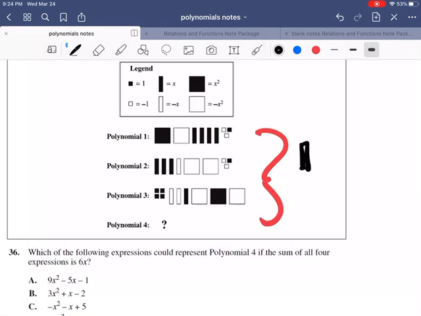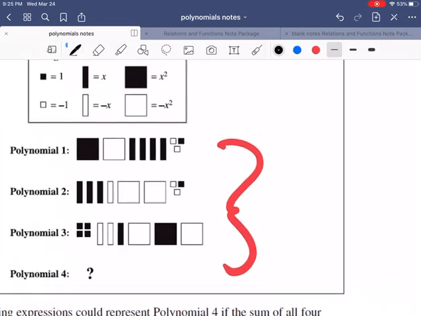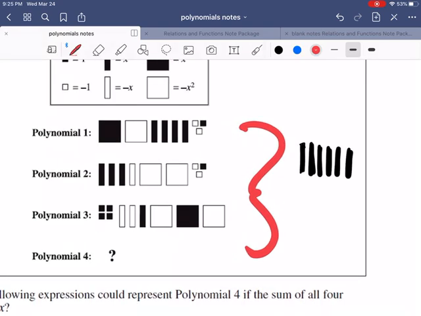So if we draw that out, that's a little too big, let's make it a little bit finer. So if all we have left is 6x, 1, 2, 3, 4, 5, 6. So let's go ahead and find our zero pairs and see what's left after canceling out. So that and that are going to cancel.